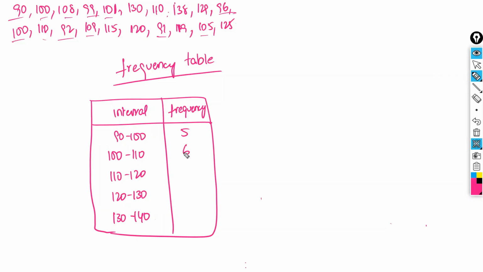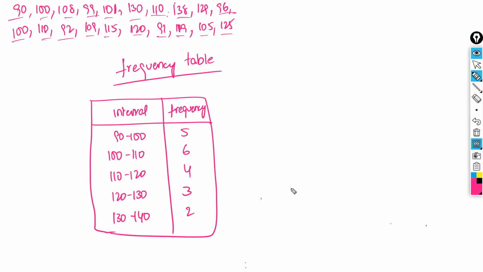Next, 110 to 120: 1, 2, 3, 4. Next, 120 to 130: 1, 2, 3. Next, 130 to 140: 1, 2. These are the two.